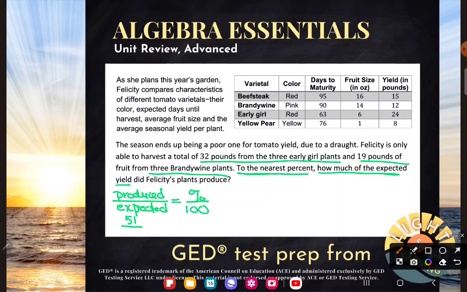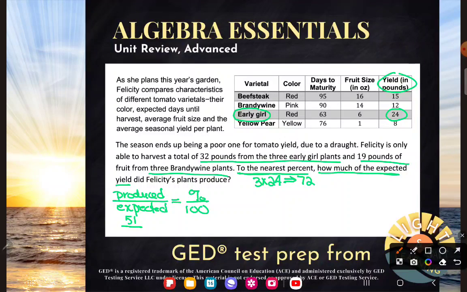So she expected, what did she expect? Well, now I need the table. So what kinds of tomatoes was it? 3 early girl plants. Okay, so early girl plants, the expected yield, it says, is 24. So if she had 3 of those, she would have expected to get 24 3 times, or 72 pounds.